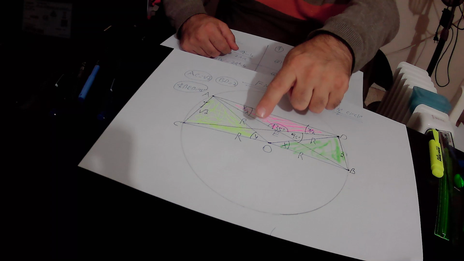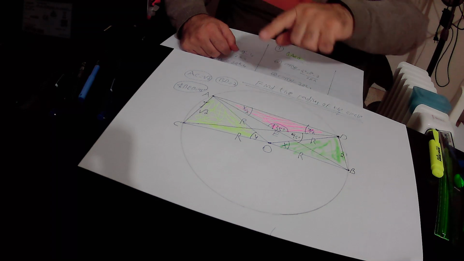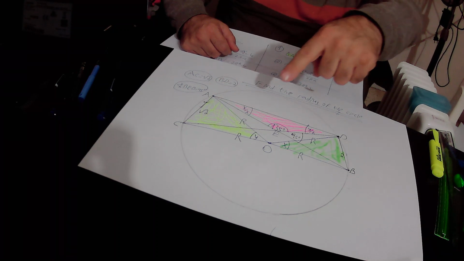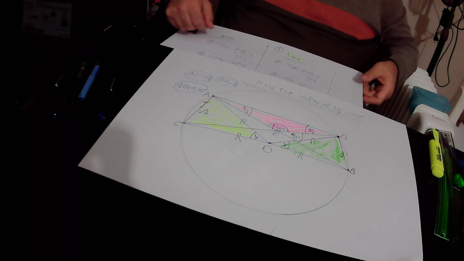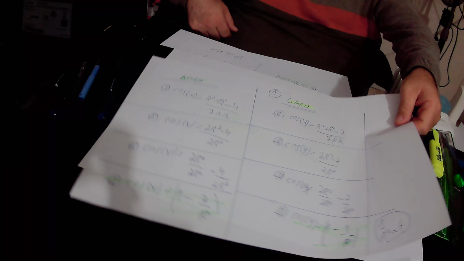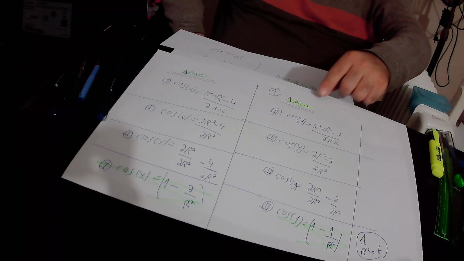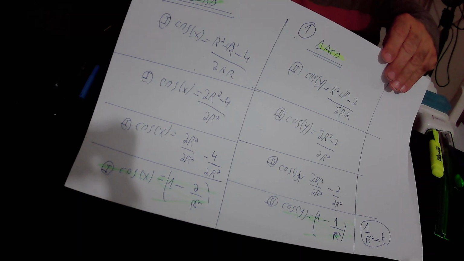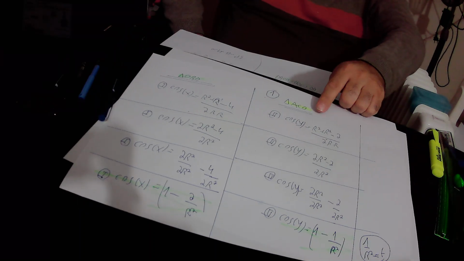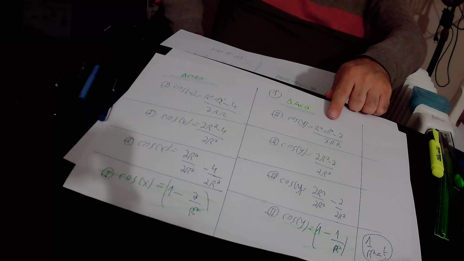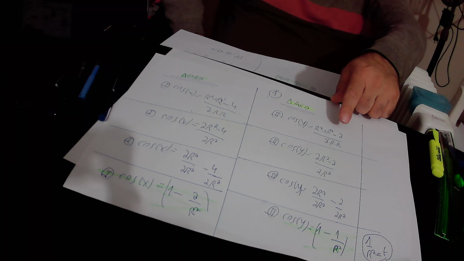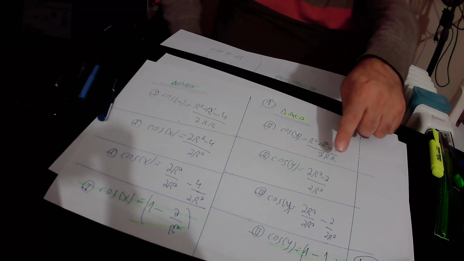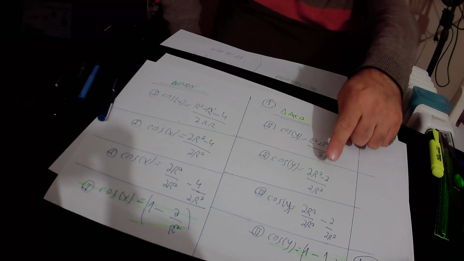According to the law of cosines, cosine y equals r squared plus r squared minus square root of 2 squared, that is 2, over 2 times r times r. So cosine y equals 2r squared minus 2 over 2r squared.